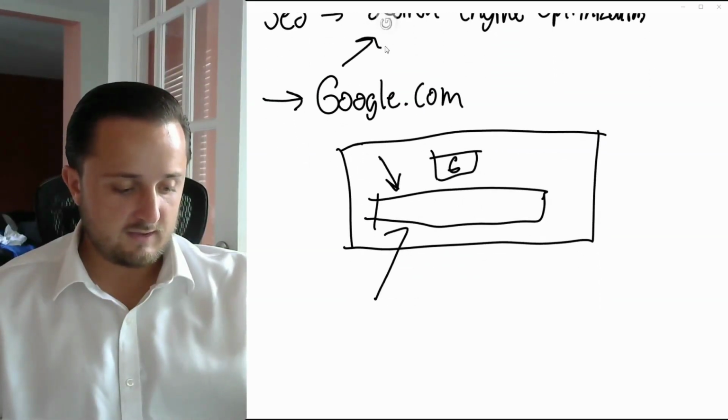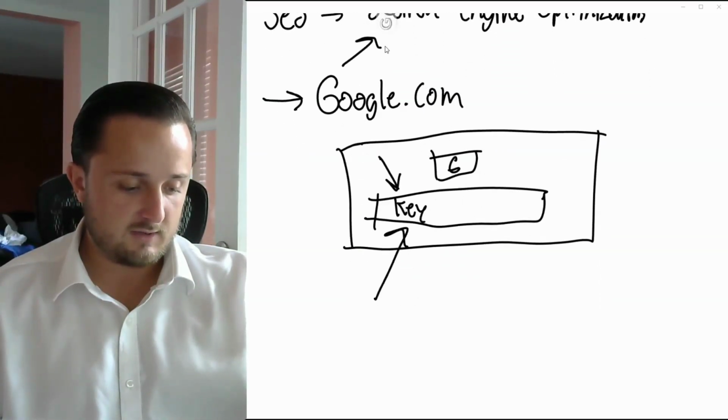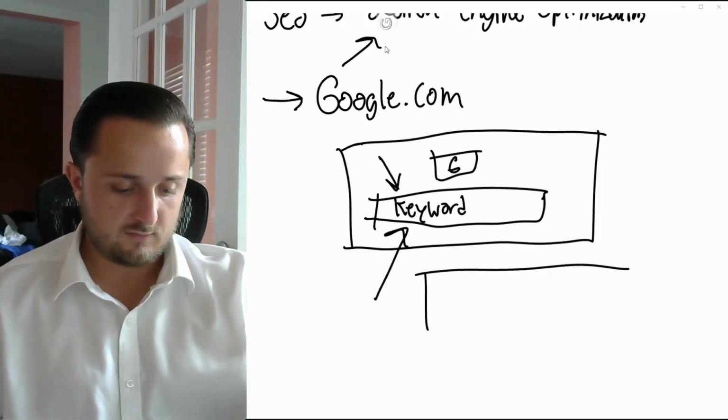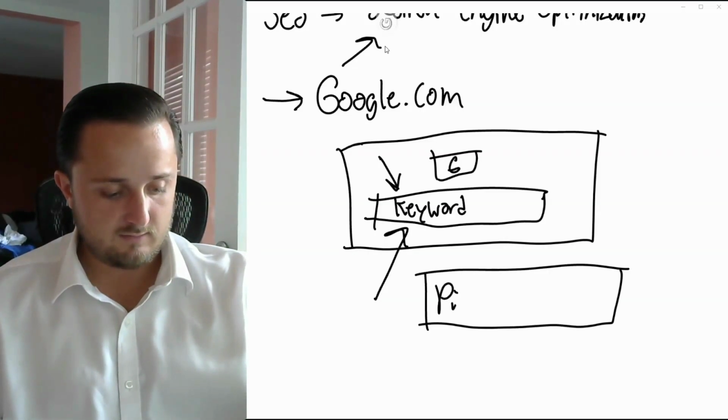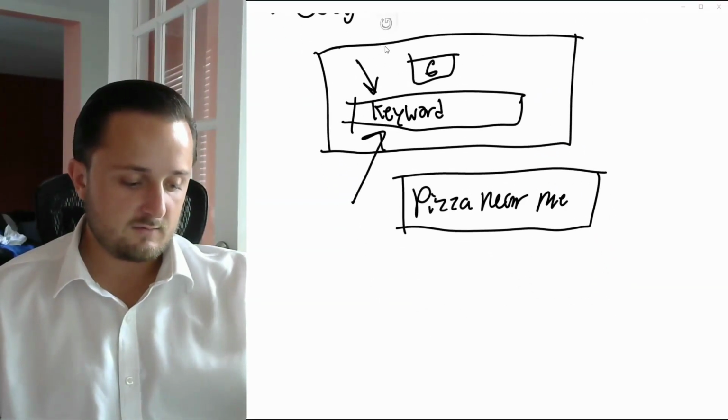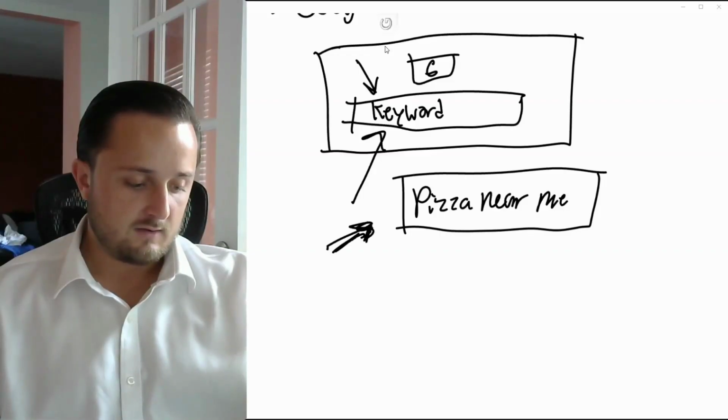When you put anything in there, let's say your keyword, or to make it even easier to understand, we put something like pizza near me. Let's say you're hungry one night and you want to see, okay, are there any pizza places near me?